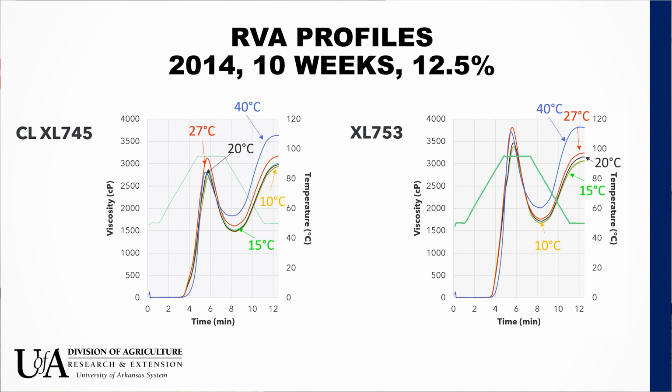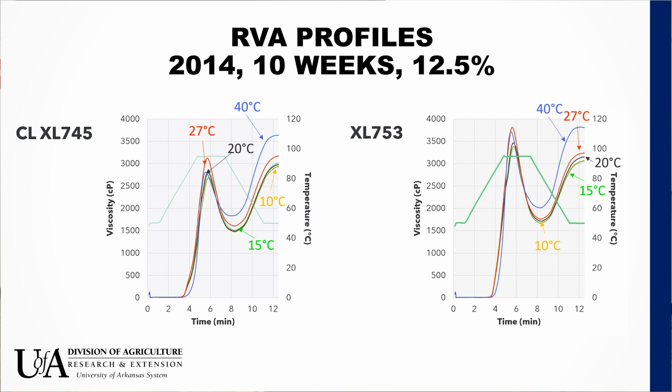What we see in this is that indeed, depending on the different temperatures, we can have different profiles. And without going into so much detail, this profile gives us information about things we call peak viscosity, setback viscosity, and final viscosity. Those are very, very important.